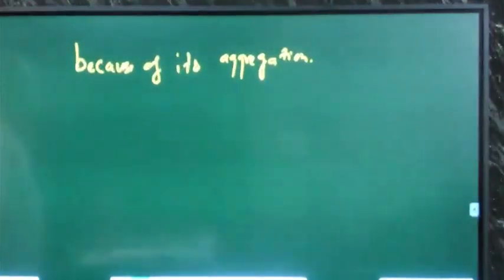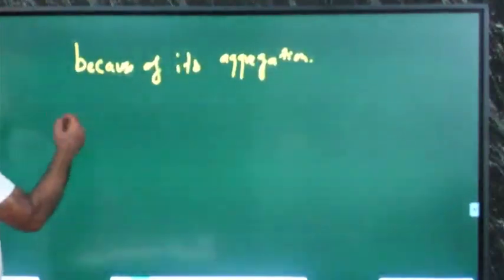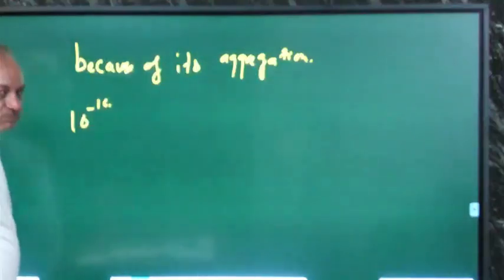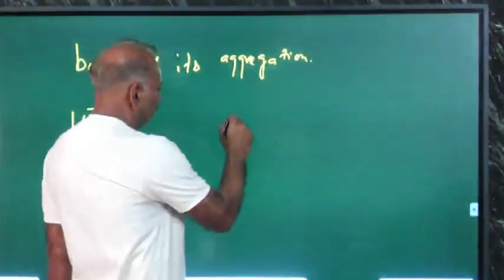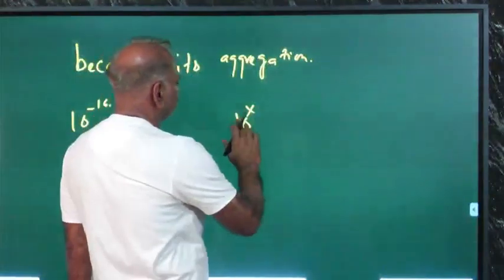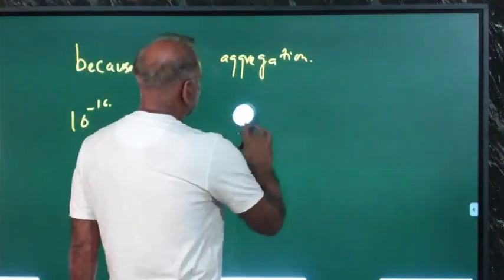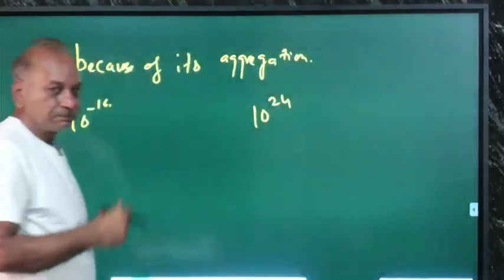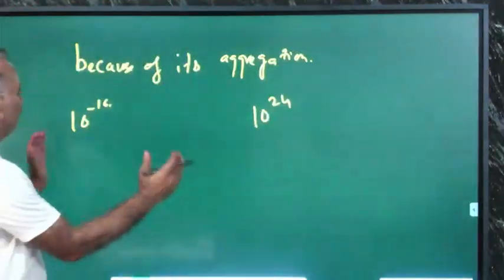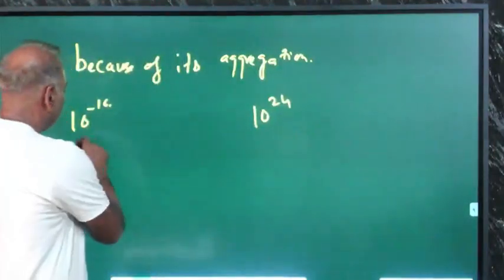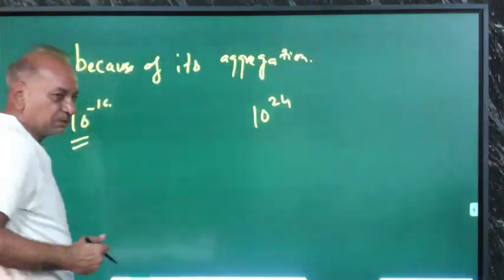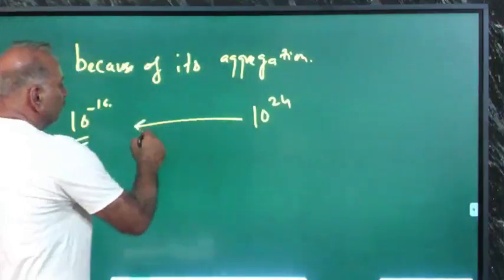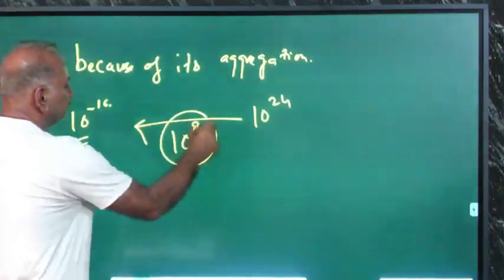Aggregation means the force between two particles may be of the order of 10 to the power minus 16, but the number of particles may be 10 to the power 24. Yeah. So when being aggregated, each and every force is being summed up, then it is multiplied with this, and the result may be 10 to the power 8.